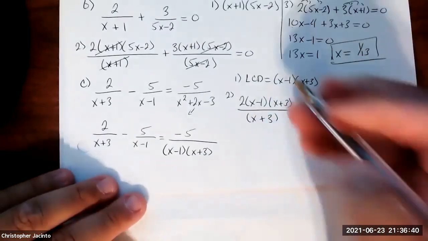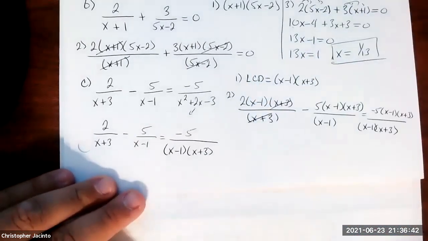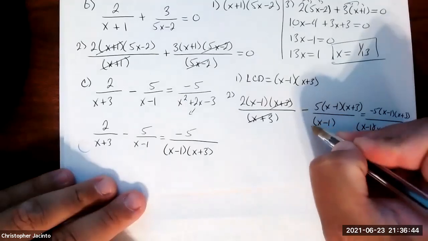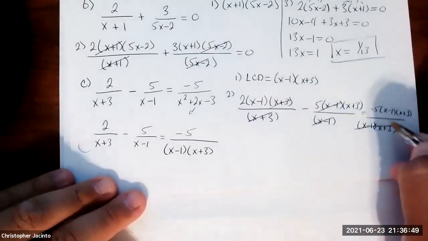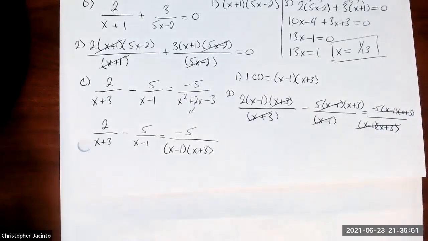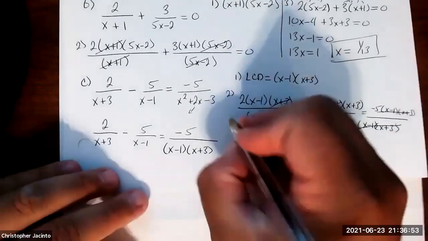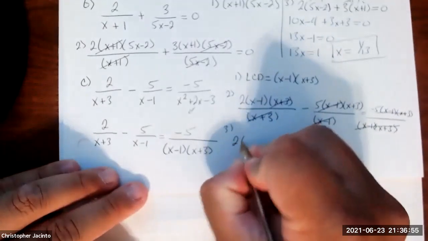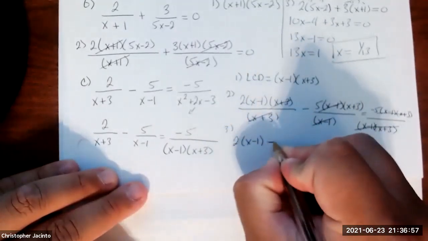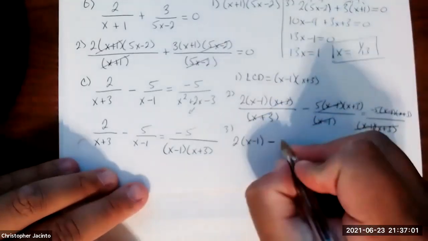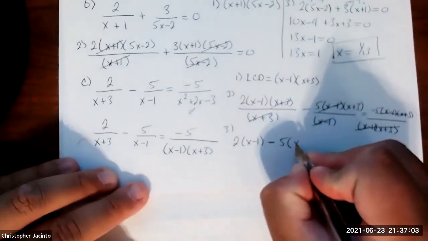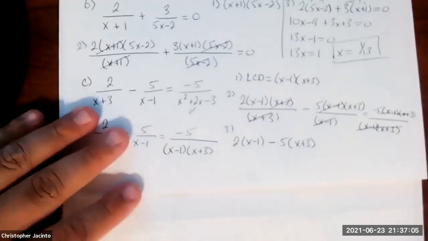Over here, those cancel. Over here, these cancel. And even better, everything cancels over here, except for that -5. So for step 3, this now becomes 2 times x minus 1. Over here, we get 5 times x plus 3, because that's the only thing left over there.